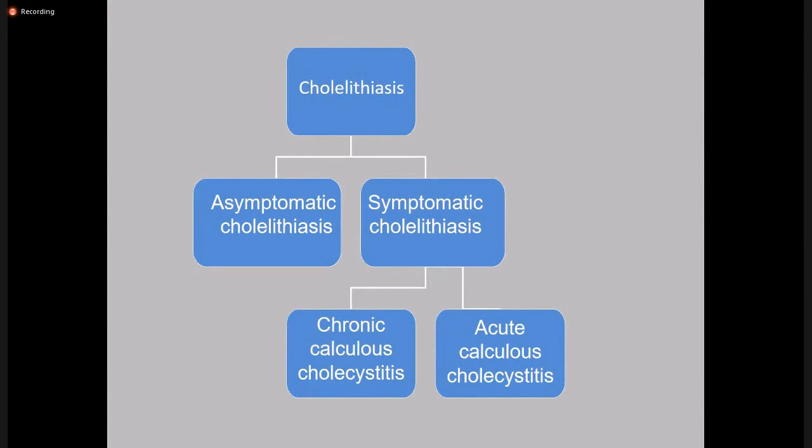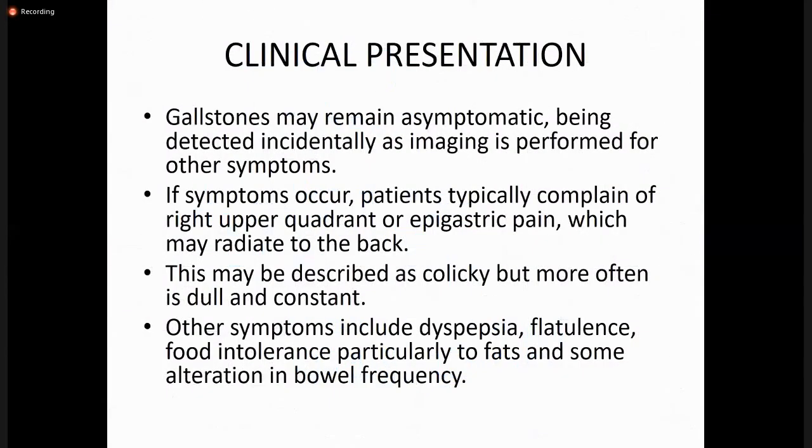So what is cholelithiasis? The cholelithiasis may be asymptomatic or it may be symptomatic. In symptomatic, it may be chronic calculous cholecystitis or acute calculous cholecystitis. Clinical presentation of gallstones: gallstones may remain asymptomatic, being detected incidentally as imaging is performed for some other symptoms.